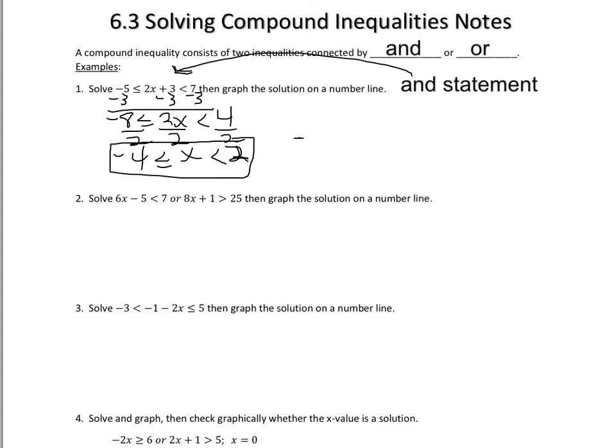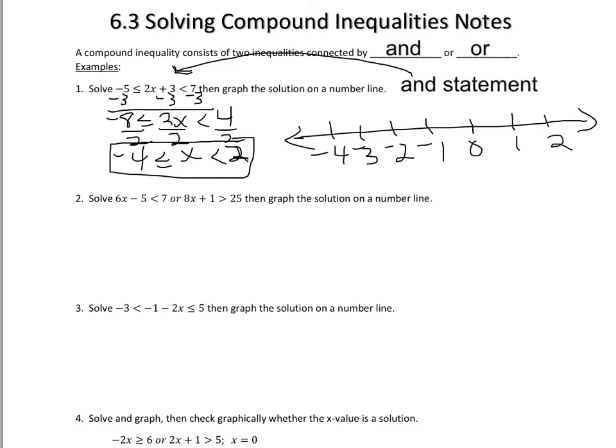Now when we graph this on a number line, we'll go -4, -3, -2, -1, and keep going right up until we cover all the way up to 2. And we're going to apply the same open and closed circles. So -4 is less than or equal to x, so that's going to be a closed circle on -4.